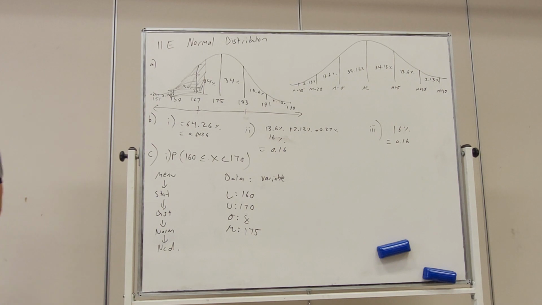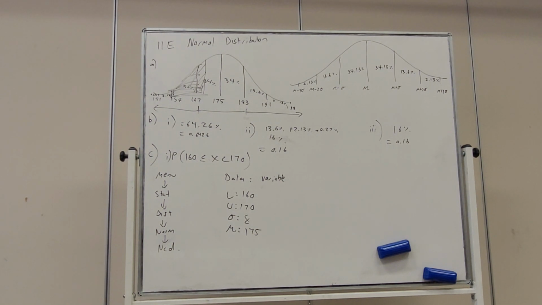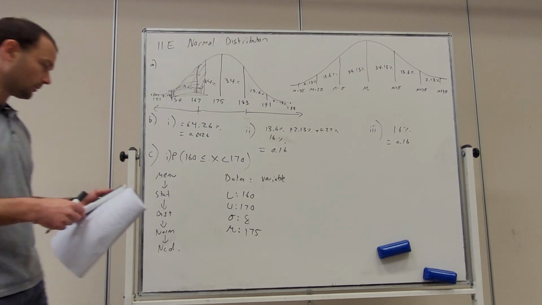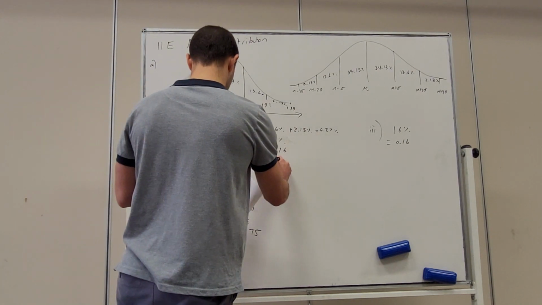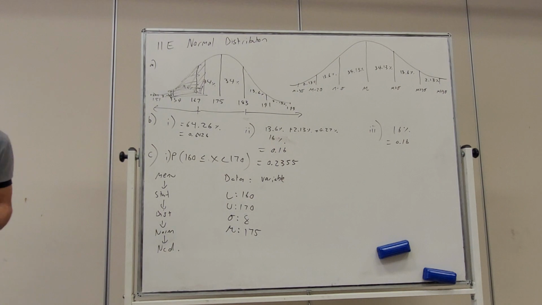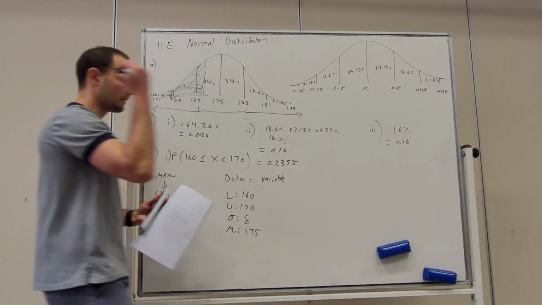So that's the calculation that we're going to perform. I'm going to go 160, 170, 8, and 175, and then we just press execute, and our answer is 0.2355.